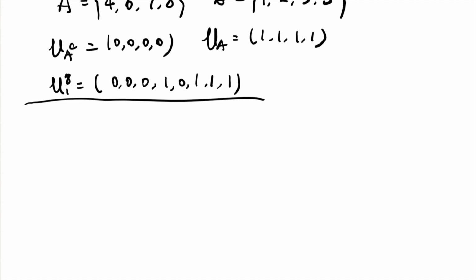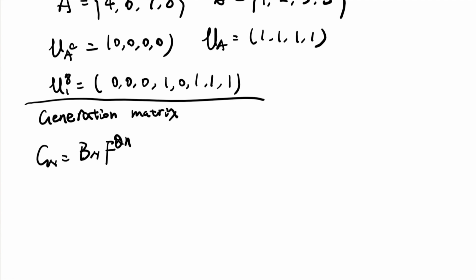Okay, now we need to get the generator matrix. And we know that the generator matrix can be written like this, the simplest way to write it. And we can do this in MATLAB.